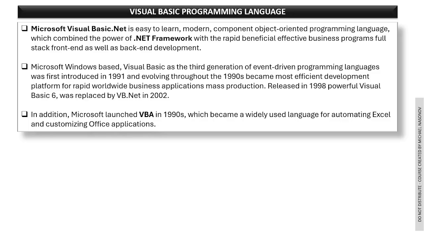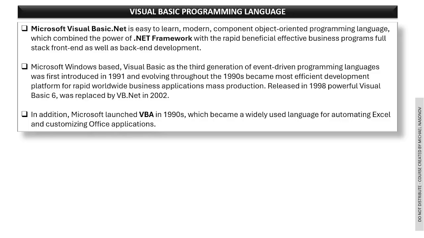Microsoft Windows-based Visual Basic, as the third generation of event-driven programming languages, was first introduced in 1991 and, evolving throughout the 90s, became the most efficient development platform for rapid worldwide business application mass production.